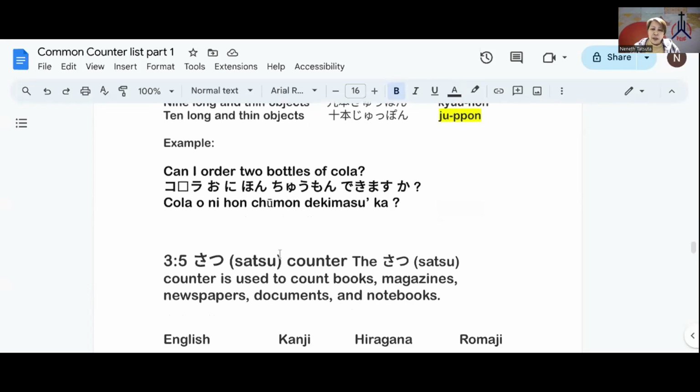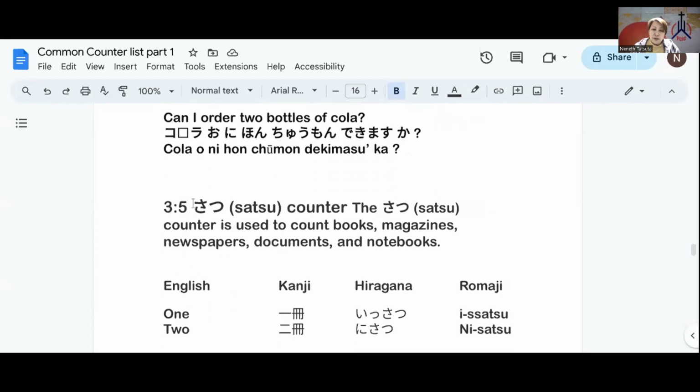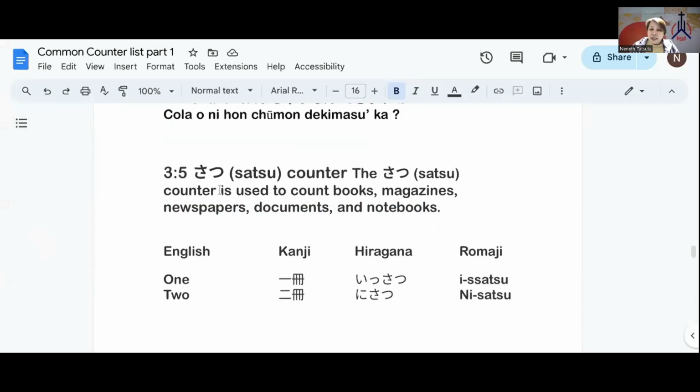Now we go to satsu. Satsu is a counter for books, magazines, newspapers, documents, and notebooks. Issatsu for the notebook. For your newspaper, just add satsu.